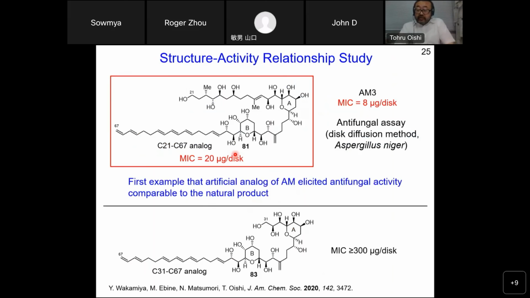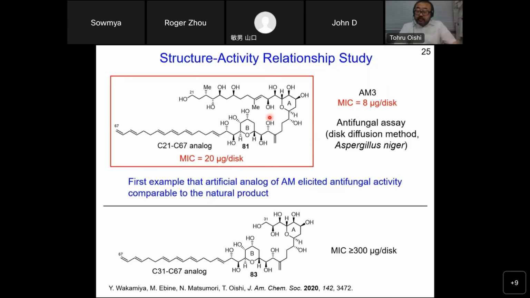The antifungal activity, the MIC value, turned out to be 20 micrograms per disc, which is comparable to that of M3, the natural product, 8 micrograms per disc. This is the first example of a biologically active artificial analog of M3 possessing a shorter polyol chain moiety.